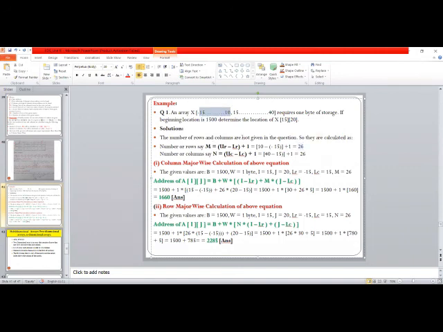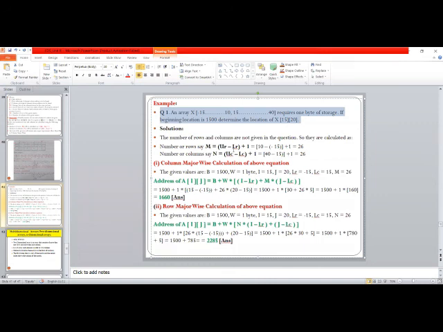Here also the number of columns is from 15 to 40. So UC, the upper limit of your column, is 40, minus LC, the starting of your column, that is 15, plus 1. That is 26. So this matrix is a 26 by 26 matrix. 26 rows and 26 columns.